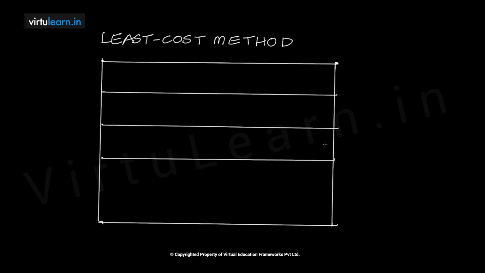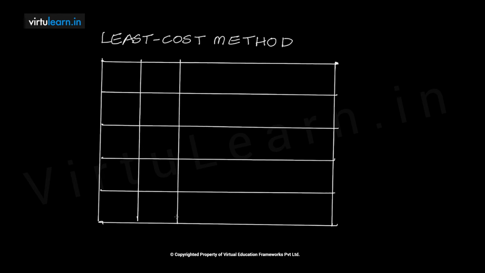While making allocation, what we need to check is availability and requirement: how many units are available and how many units we require. Based on the situation, we allocate as many units as possible. Now we'll see how we are going to make allocation.